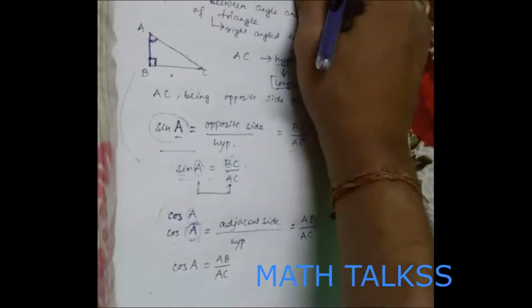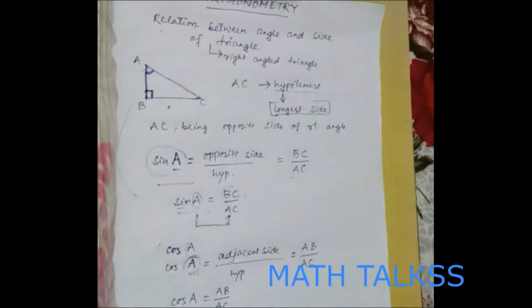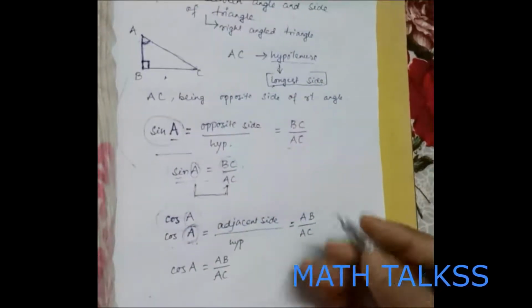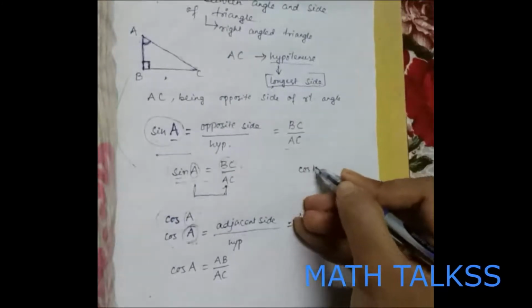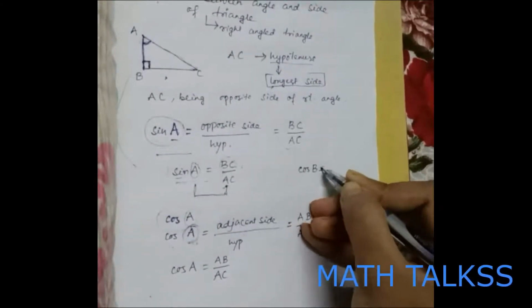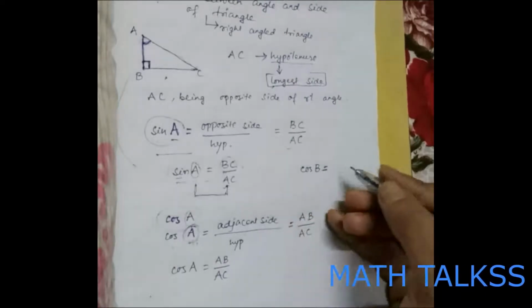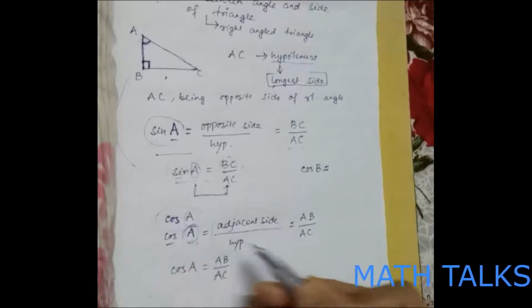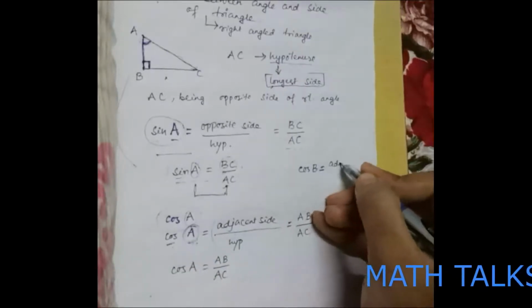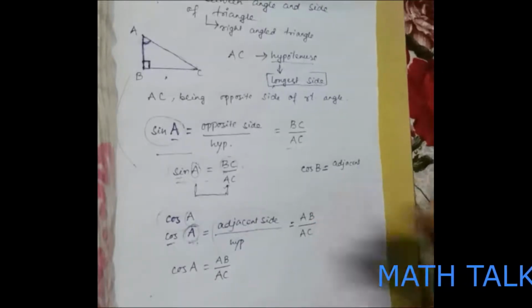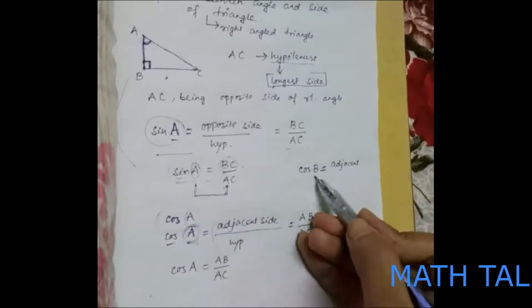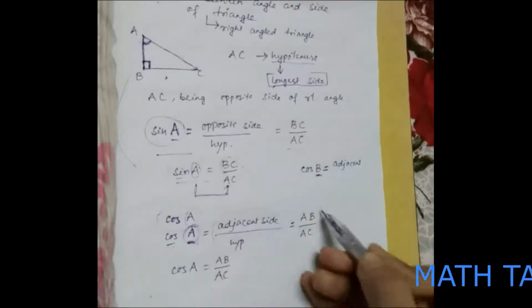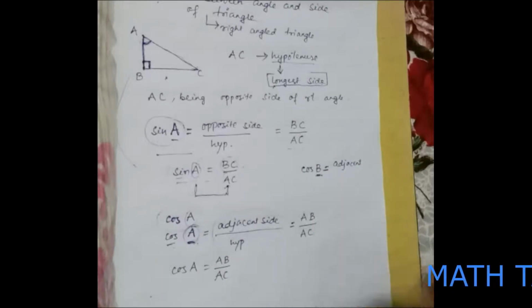Now considering the same figure, if we consider cos B, the definition of cos B. See, the main keyword of this cos definition is always the same. Simply by considering different angles, the relationship will differ.